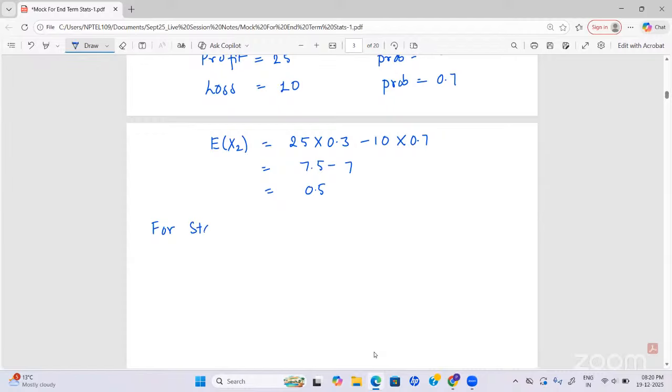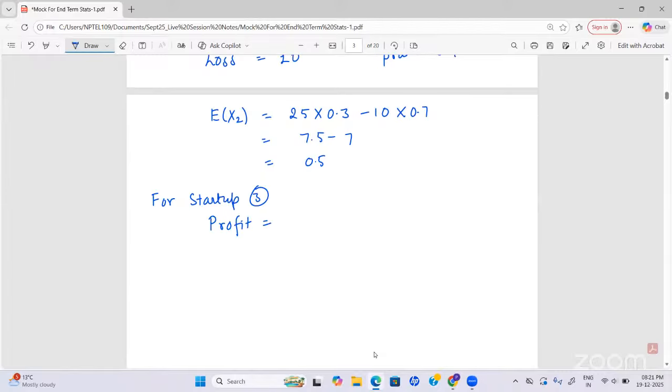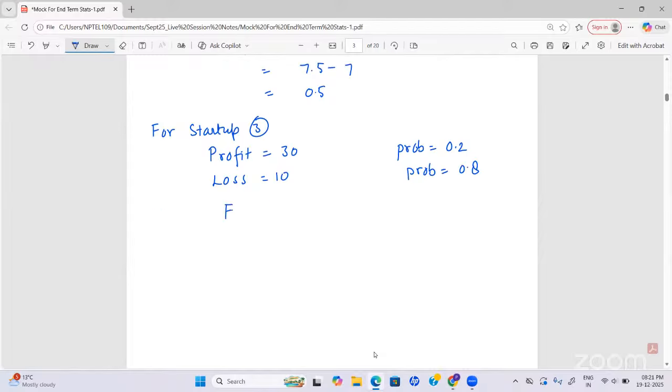Then for startup number 3, the profit is 30 with probability 0.2. The loss is 10 and the probability will be 0.8. So the expectation of x3 is 30 into 0.2 minus 10 into 0.8. Is this clear?